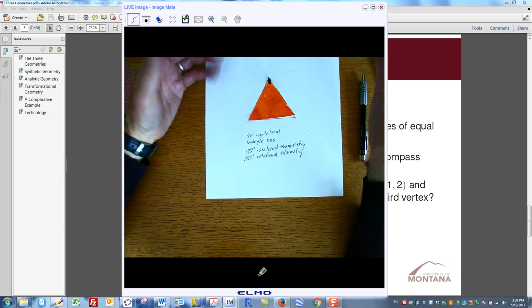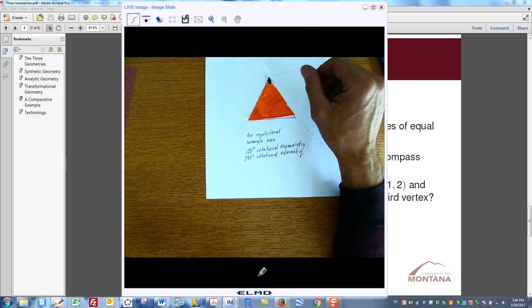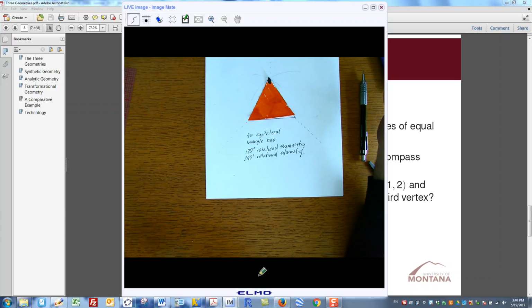And we don't really think of that as telling us anything, because of course any figure, if you rotate it 360 degrees, will return to itself. So these are the only two rotational symmetries that an equilateral triangle has.